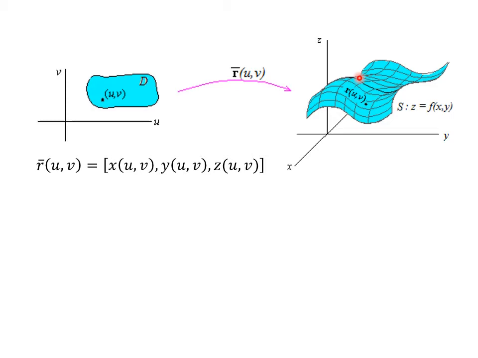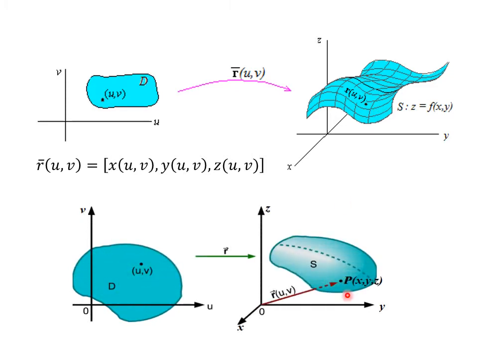Likewise, all the points on the surface are mapped to the point u comma v in the region D, which is lying in the uv plane. To refer to all the points on the surface, take each point in this region D, substitute in this r bar, and that will map to the points on the surface z equal to f of x comma y. So this point P is mapped as r bar of u comma v.